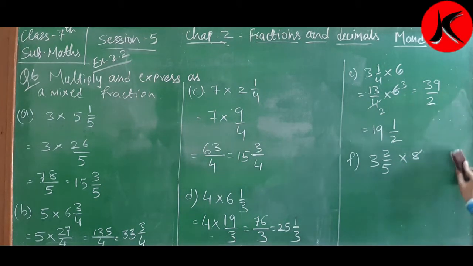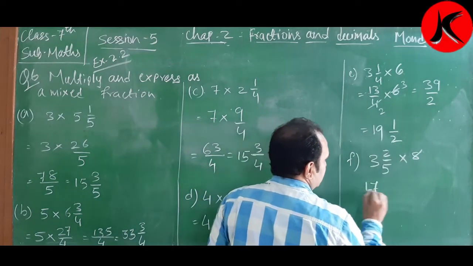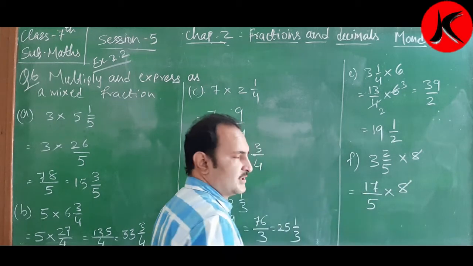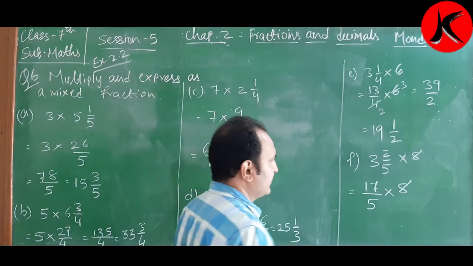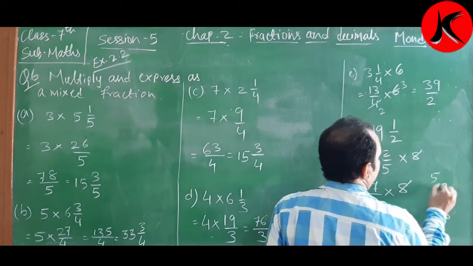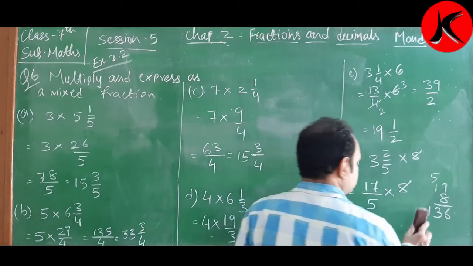Okay children, last one. 5 3s are 15 plus 2 is 17 upon 5. Multiply. 17 8s are 136.